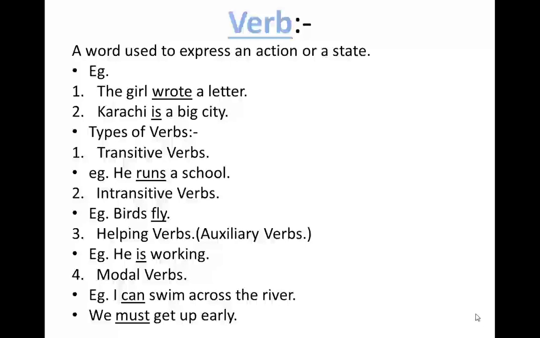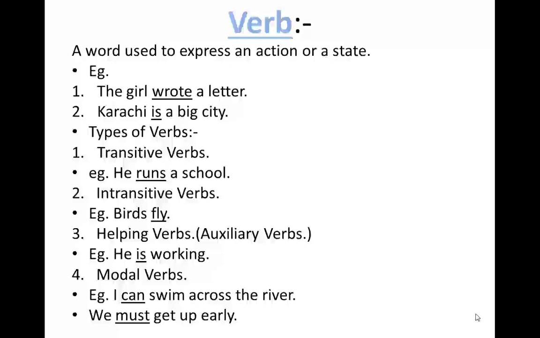For example, here he runs a school becomes a school is run by him. Is it clear? He is the subject, a school is the object, and runs is the action. And whenever a sentence has a complete subject, verb, and object, all these three things, they are called transitive verbs.